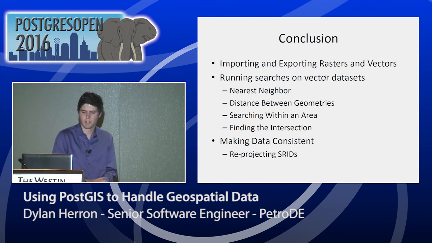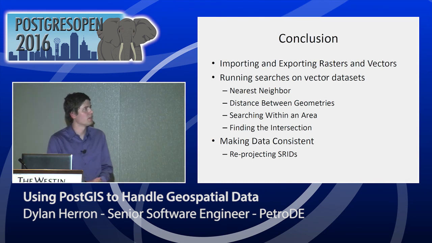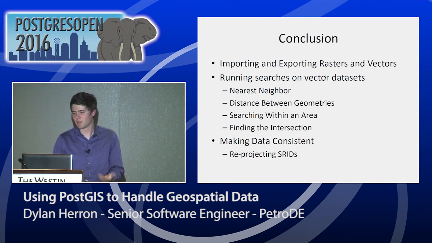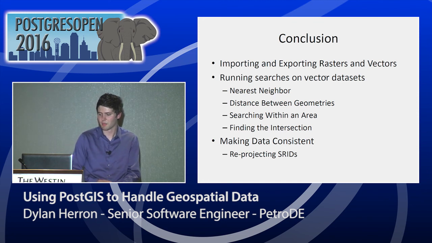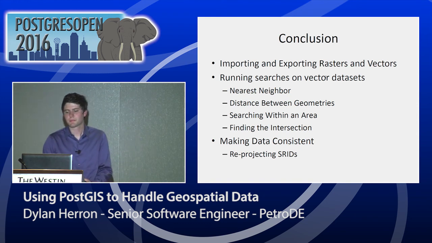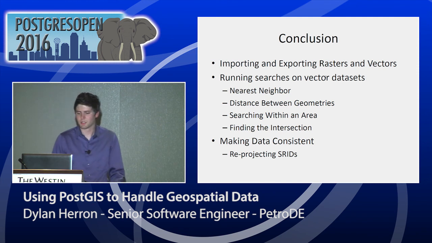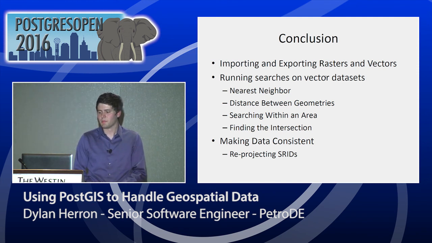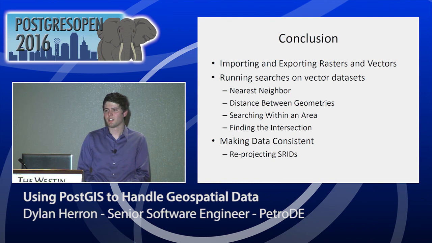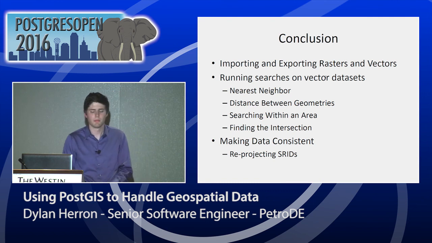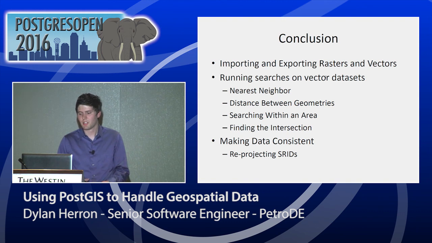All right, just to recap what we've done. We've worked with rasters, brought in the GeoTIFFs, and exported them as PNGs. We've done a few vector searches with nearest neighbors and finding the intersecting areas of the county and congressional districts data sets.